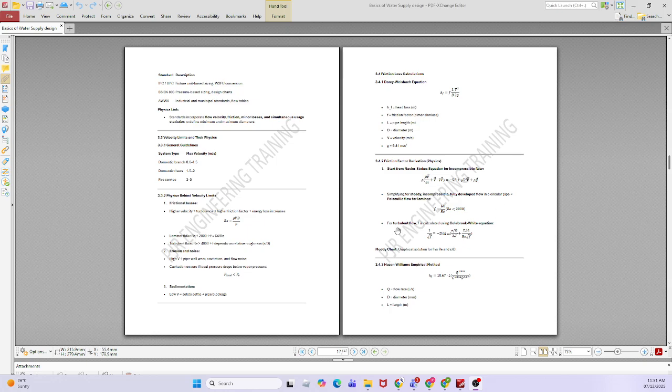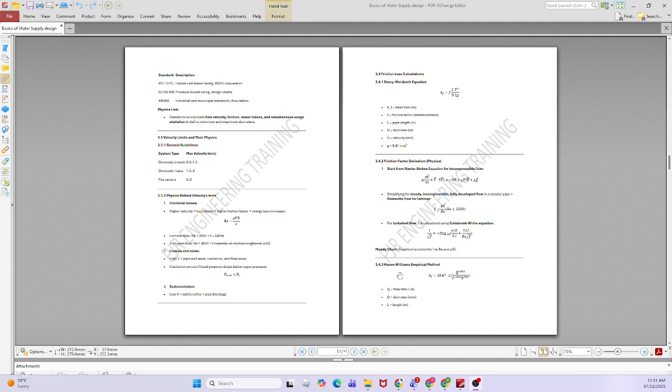For turbulent flow, you will use the Colebrook equation to calculate your friction factor. If your flow is laminar, you will use a direct formula: F equals 64 divided by Re, for Reynolds number less than 2000. This is very simple. But the other equation is a little complicated, so you have the Moody chart available. You can take the values from it.